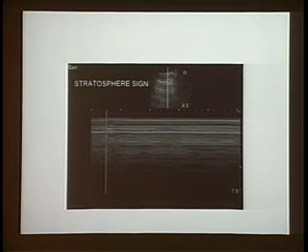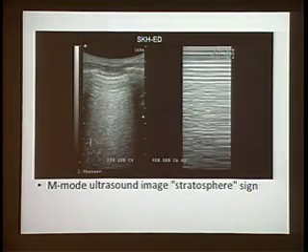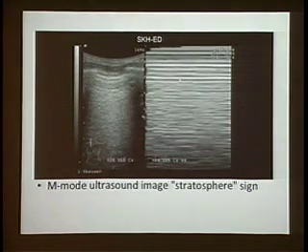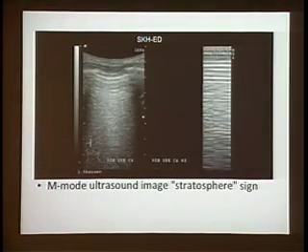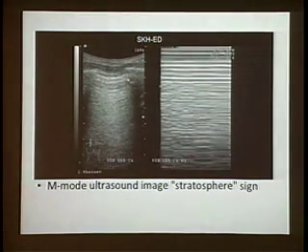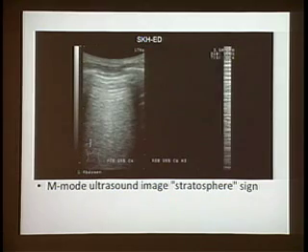That's why they call it the stratosphere sign. Okay? So again, lines, lines, lines. You don't have that grainy view. You don't have the sliding sign. You see that? So that tells you there's no lung underneath.